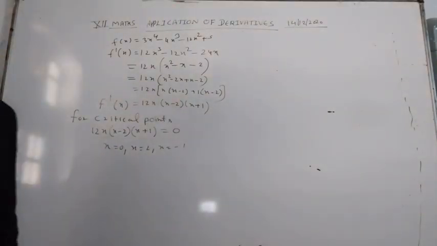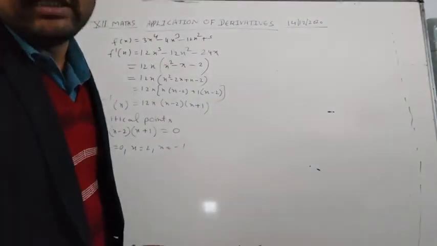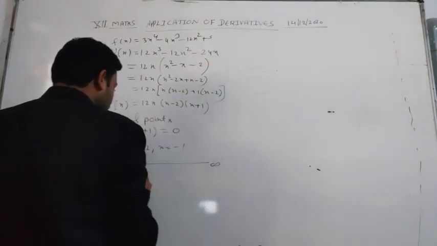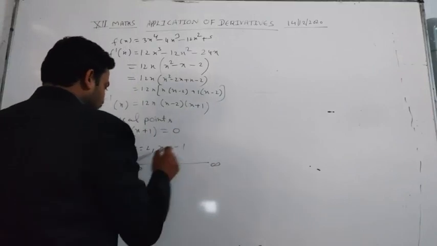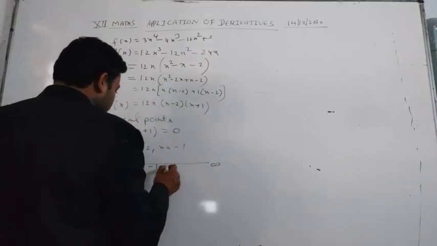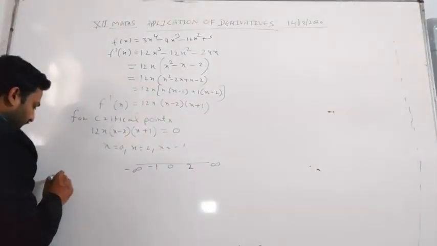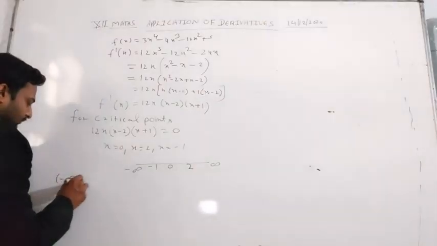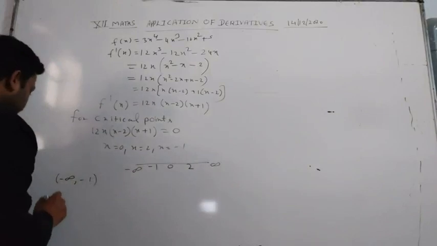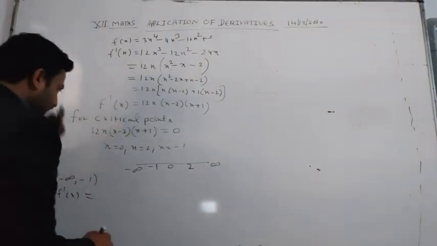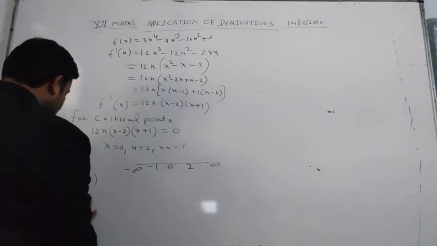So from here we are getting 3 critical points, and these points we set on the real line and we get 4 intervals. Okay, so this is minus 1, 0 and 2. We are getting interval minus infinity to minus 1. Let's check what our f dash x is in this interval, either positive or negative.